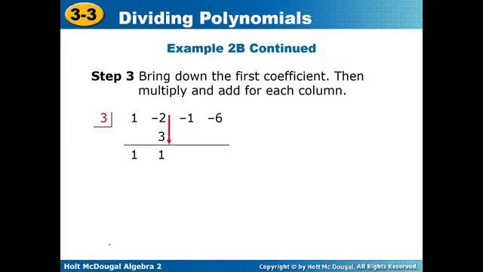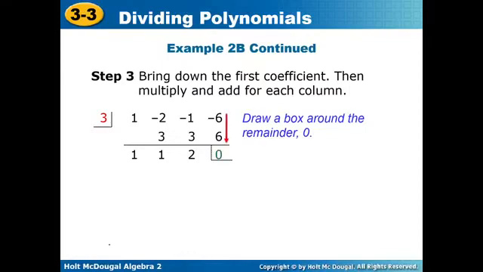After combining, repeat the process: multiply 3 and 1 to get 3. Then you combine to get 2. After combining, multiply now 3 and 2 to get 6. And whatever is the number in the last column after combining, that is the remainder. So the remainder here is 0.